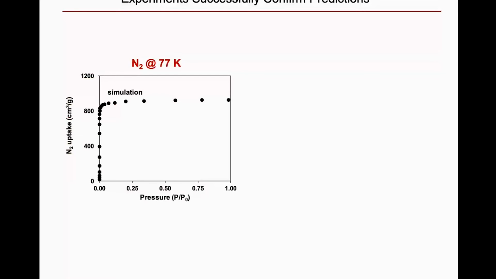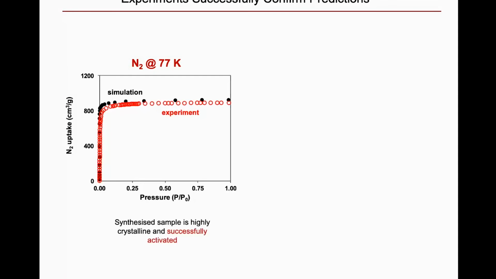So one of the first things that the porous materials community do to characterize their materials is they calculate or run nitrogen adsorption measurements. So these are the simulations that we did in Cambridge for nitrogen at 77 Kelvin.